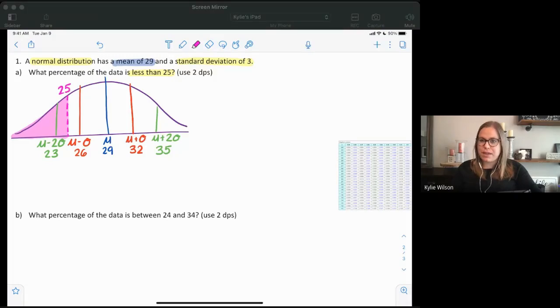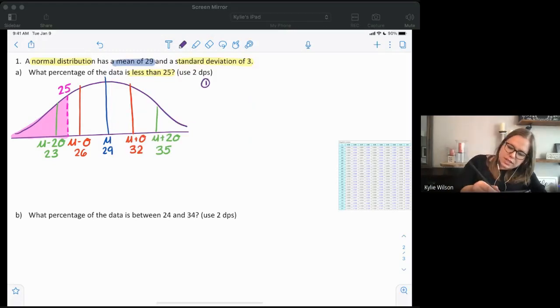So when we're looking at those percentages, we're always looking at 1 standard deviation from the mean, 2 standard deviations from the mean, etc. So what we need to do is determine how far the point 25 is from the mean. So the first thing that we're going to do is find our z-score.